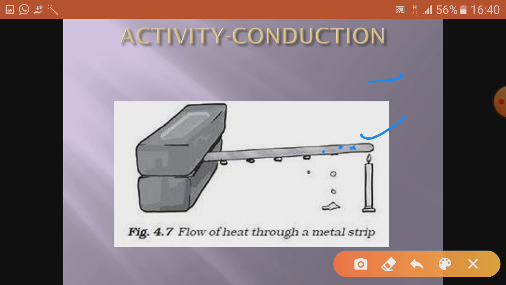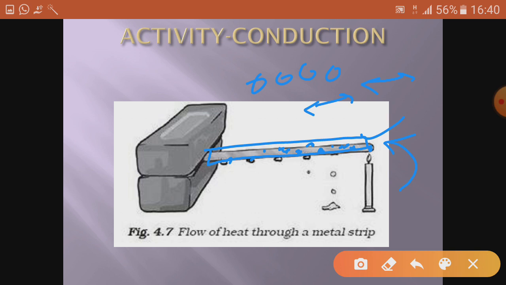For example, these are the molecules, because this scale is a solid. So it has molecules tightly packed in it. These molecules will start vibrating because they will get the heat energy.